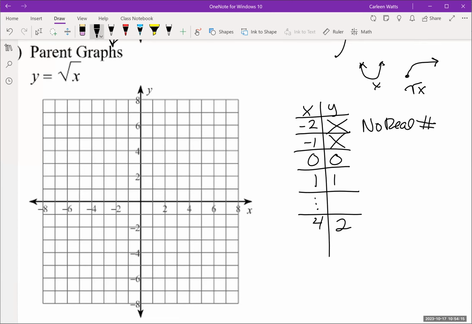So I used nice numbers that I can take the square root of in my head. So 0 is 0, 1 is 1, 4 is 2. And you could see the shape of the sleeping U. It's like the parabola is laying down for a nap and the other part is under the covers.